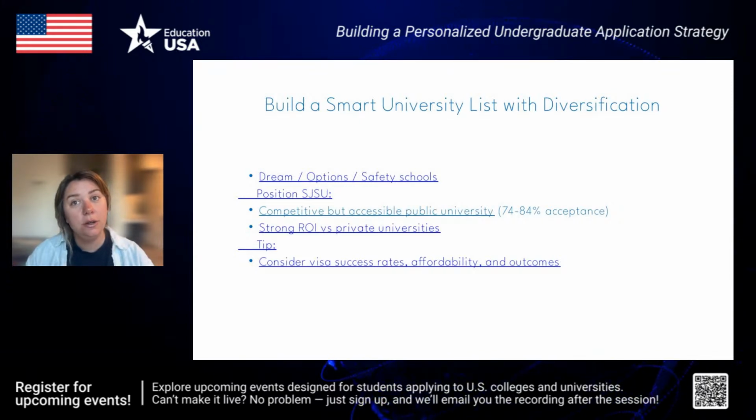Also, a good note, if you want to apply to any of the universities in the CSU system in addition to ours, it's just a one-time application fee of $70, but potentially you could apply to 23 different universities with that same application fee. So that's a good tip as well.